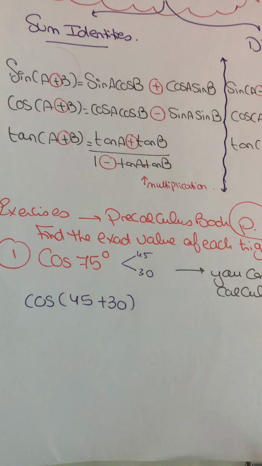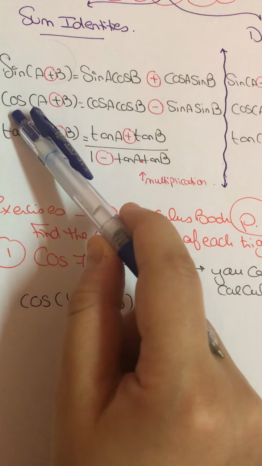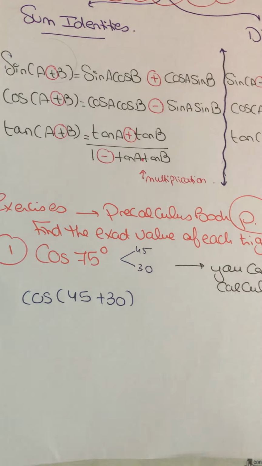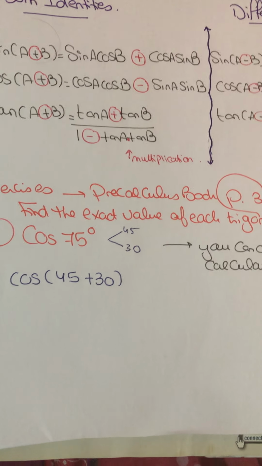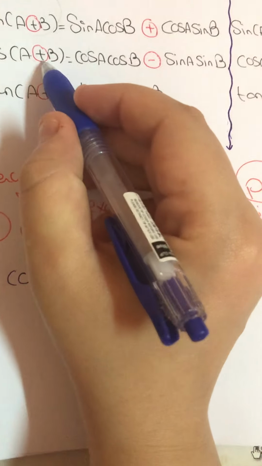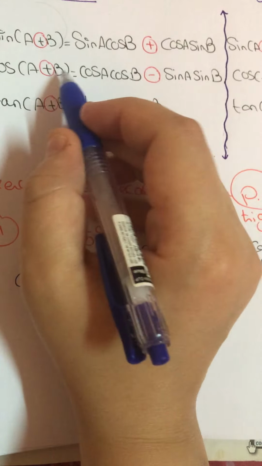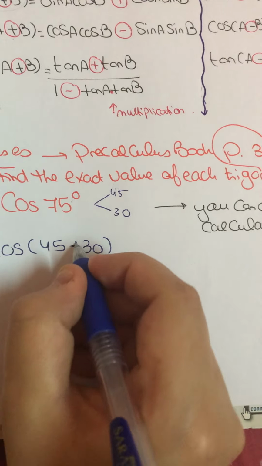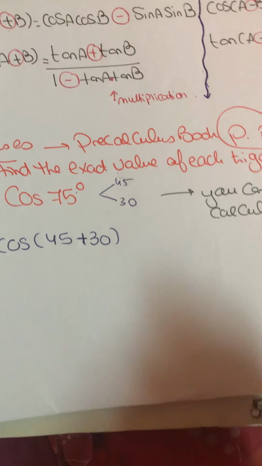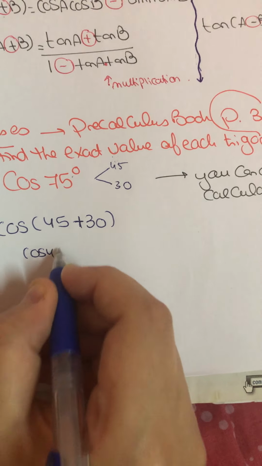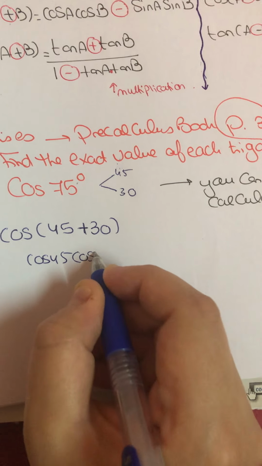So this identity says that for cosine, I'm going to go cosine, cosine, sine, sine. What will I do? It's the opposite sign, right? So if this is plus, I'm going to use minus. So I'm going to go for cosine 45, cosine 30.